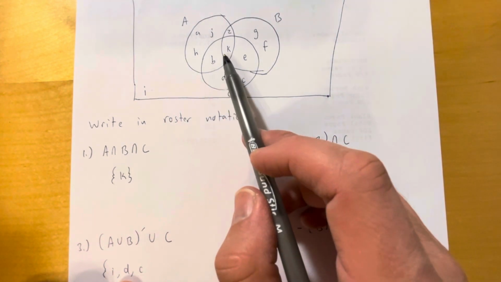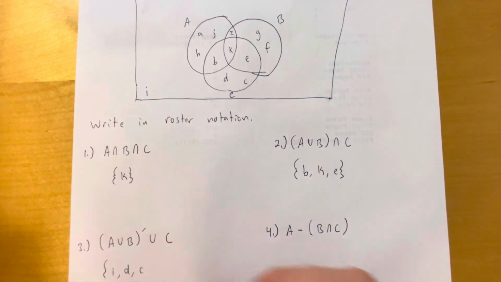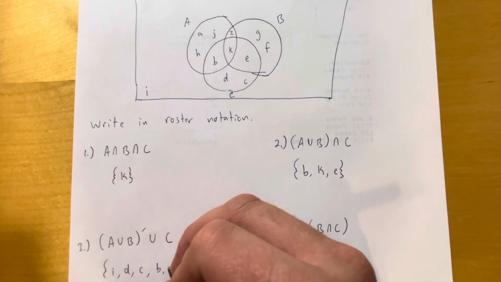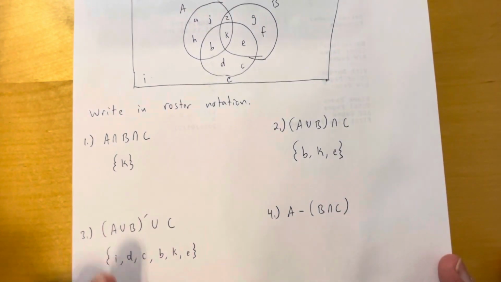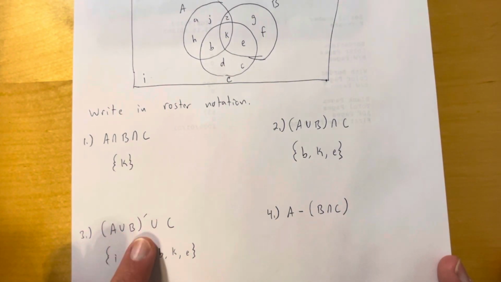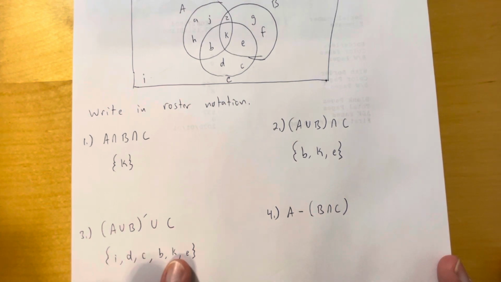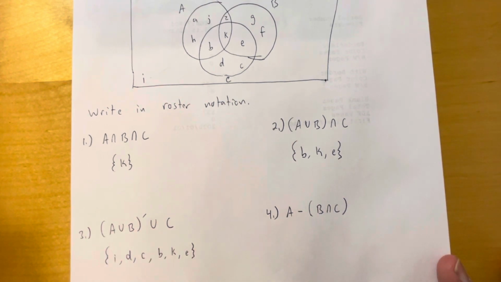So we have not included B, K, and E, and those need to show up as well. B, K, E. That's what this set would look like. Notice I have everything that's in the complement of A union B, as well as any other elements that we hadn't listed yet that belong to C as well.